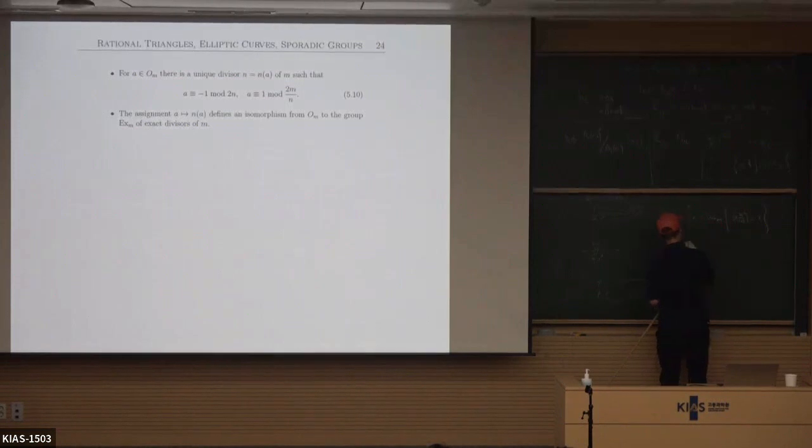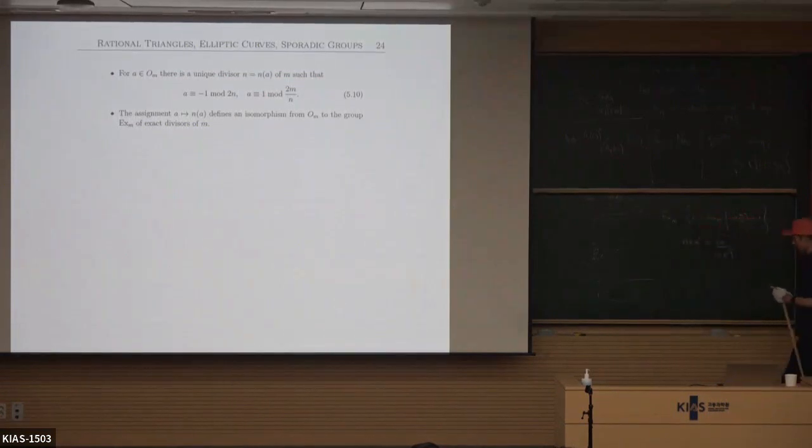And this is a group with operation: take the product and divide out the GCD once for each factor.